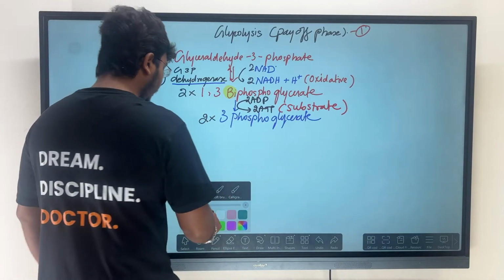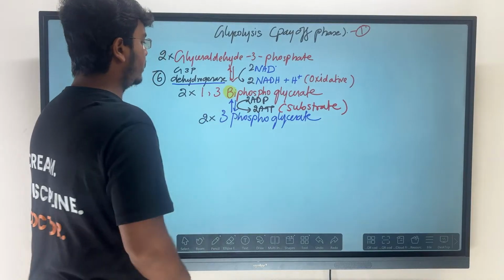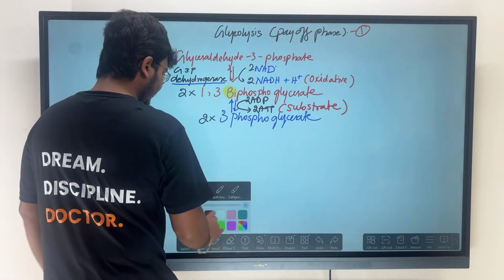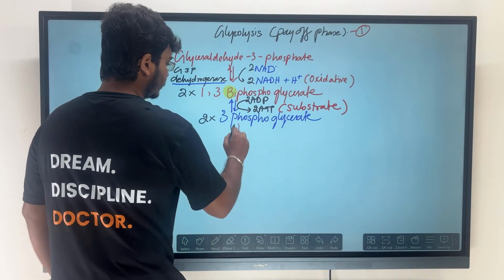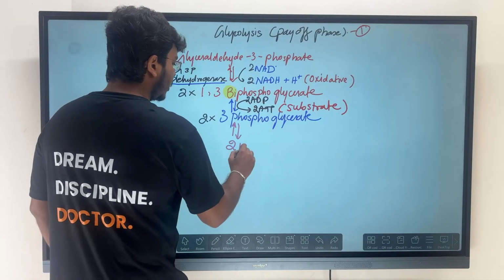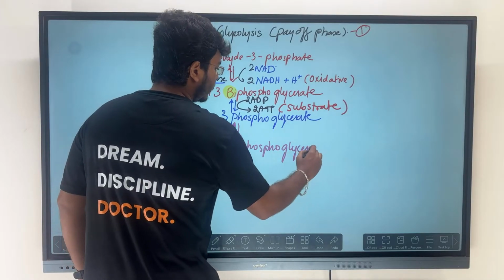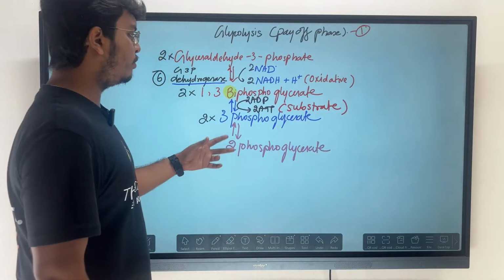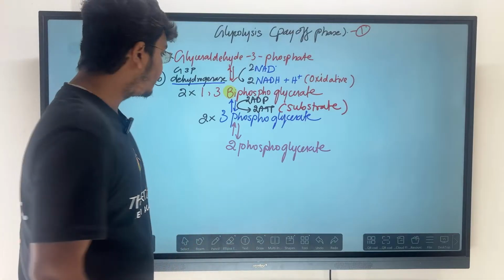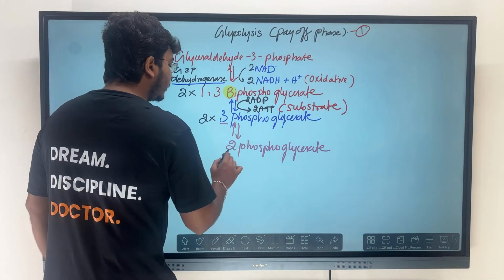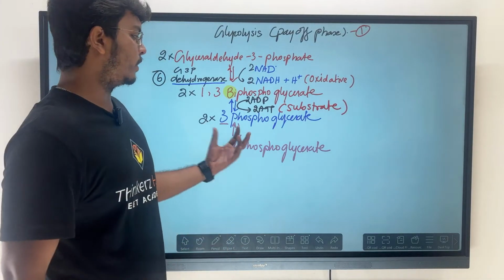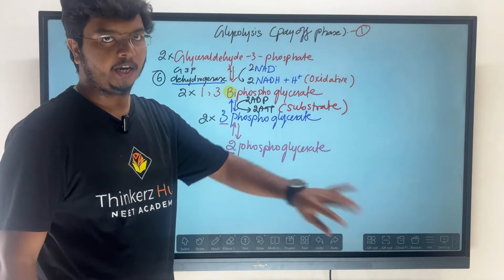Now this is again a reversible reaction, and the next reaction is also reversible, which gives 2-phosphoglycerate. Did I remove any phosphate here? No. The position of the phosphate has changed.